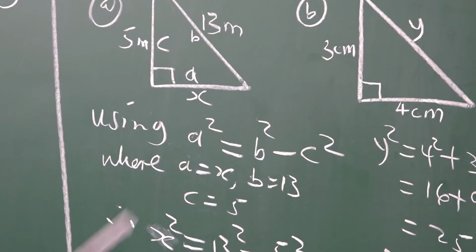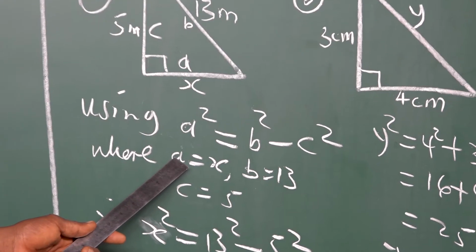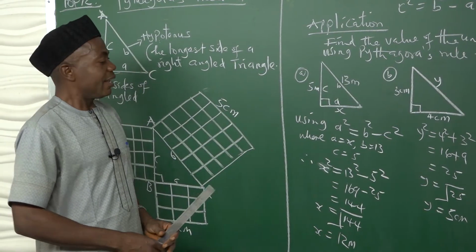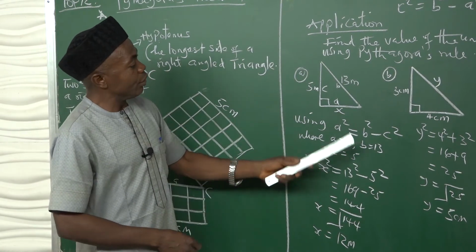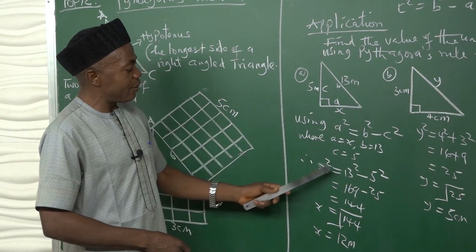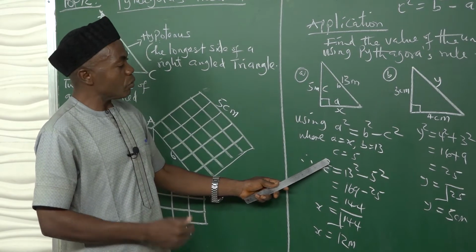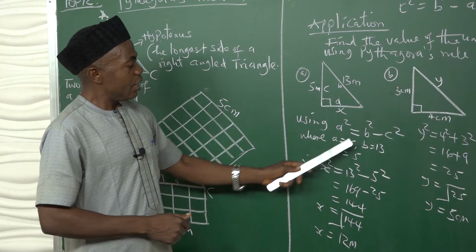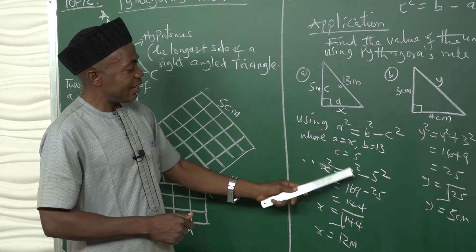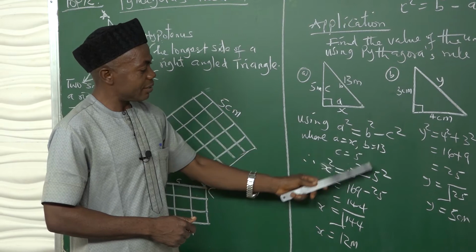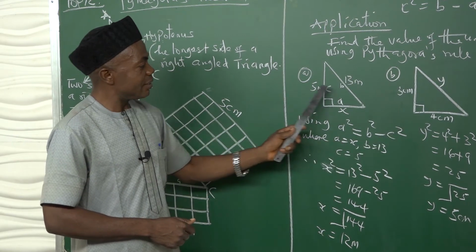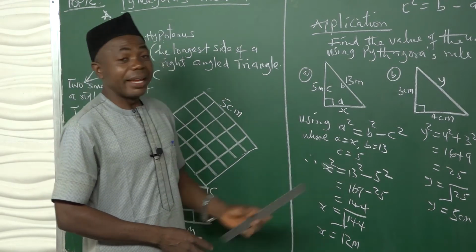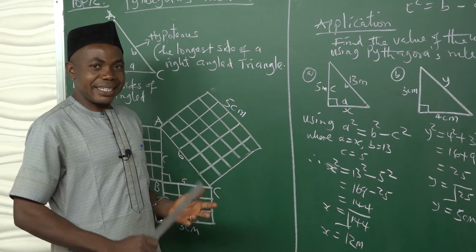Now, the unknown is X, represented with letter A. In this question, we are asked to find X. Now, using the rule, we use X squared because what we are looking for is X. X squared equals B squared, which is 13 squared, minus C squared, which is 5 squared. And 13 squared means 13 times 13.